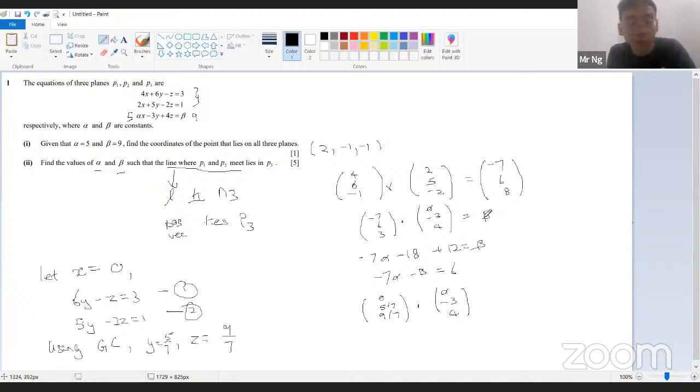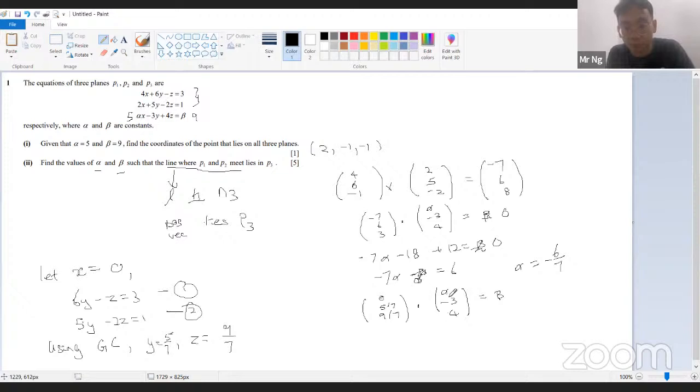Oh my god, this thing I crossed out, but I thought it should be 0. Yeah, this thing should be 0. So alpha equals 6 over minus 7. And then after that, this thing should be equal to beta.